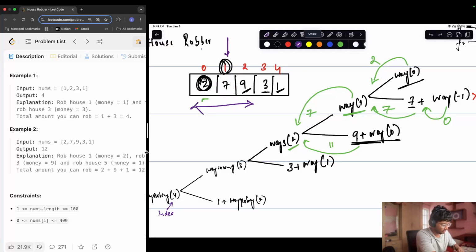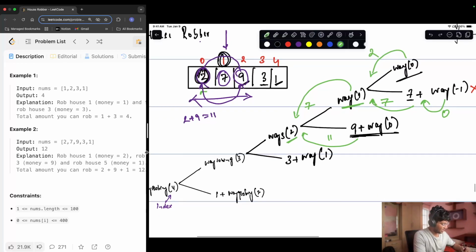So you have only two options. The maximum is picking 2 and 9, which gives us 11, and this is exactly what our recursive call also returned. Okay, so we have a profit of 11. So ways of 2 is 11.